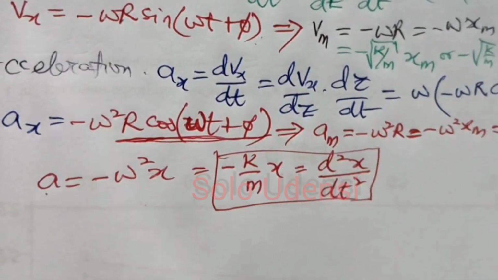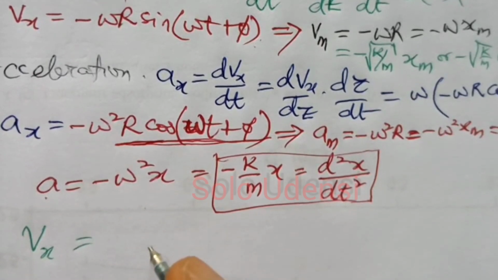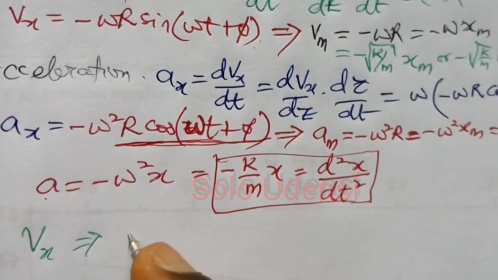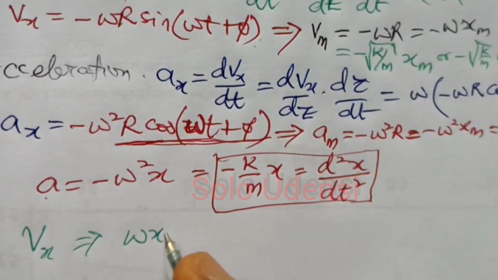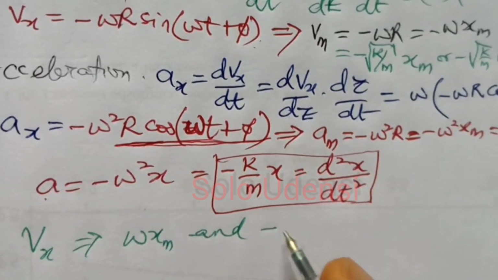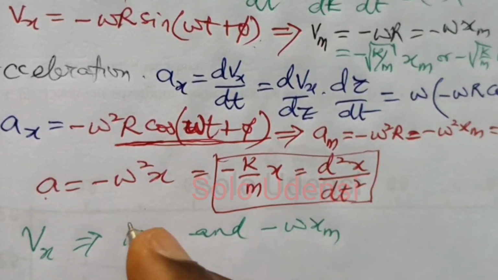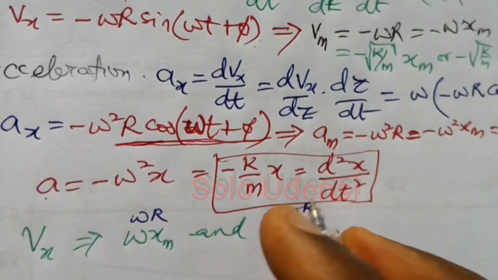So what this now means is that our velocity is moving between two extremes, that is between omega xm and minus omega xm. That's where it is moving. Or you can just say, as we have been writing, omega r and minus omega r.